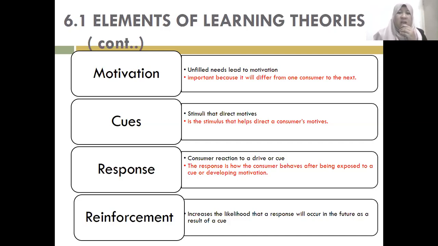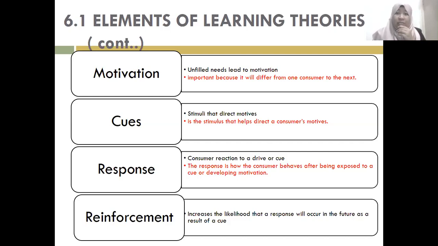The response is how the consumer behaves after being exposed to the cue or developing motivation. So we might start the car, or call GrabFood or Foodpanda to send our food and drinks. So there is a reaction to that. You may call 1-300-888-888, for example, to order your pizza.